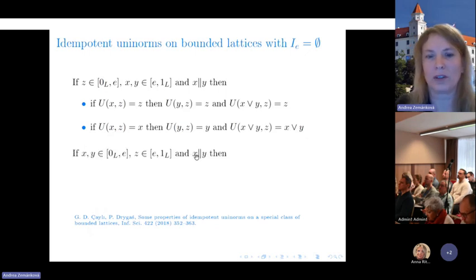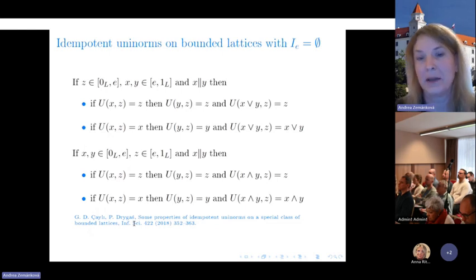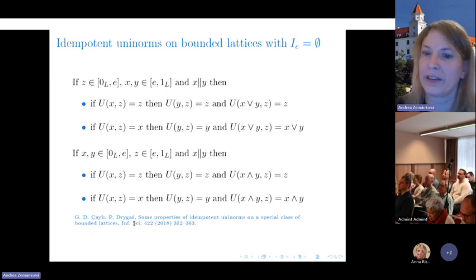And of course, the same holds if our incomparable points are in the lower interval. So this shows us that incomparable points and their aggregated values are somehow dependent, or we can say tangled together. And then the uninorm on these points takes similar values. So the question is clear.